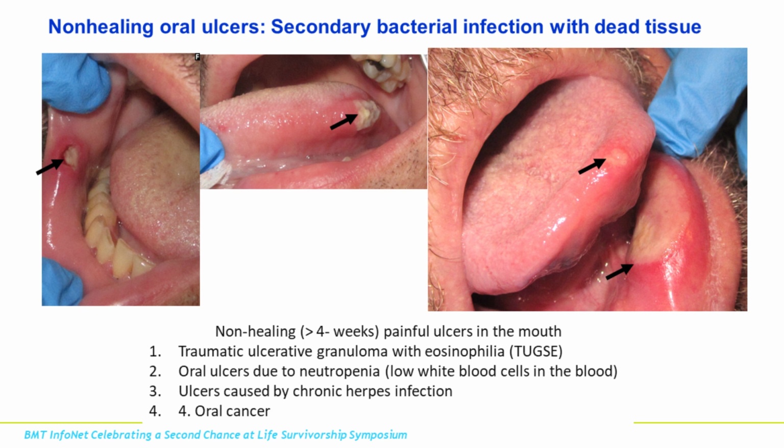So in that case, we always have to go and clean up and conservatively do a biopsy to remove the dead tissue. And sometimes if it is secondarily infected, we have to prescribe antibiotics, as I said, for gram-positive bacteria. So we have to put you on Augmentin or amoxicillin to kill the bacteria and remove the dead tissue so the ulcers can heal.